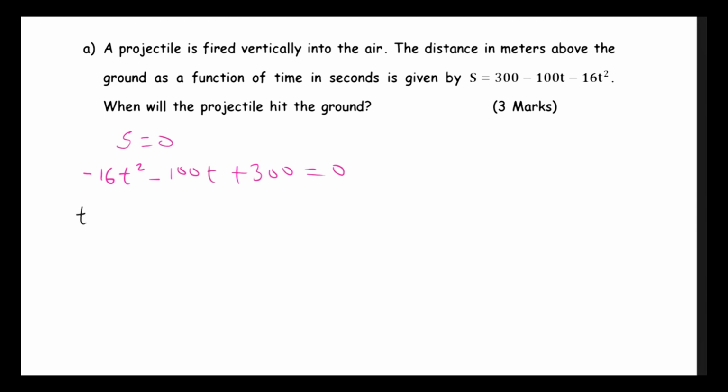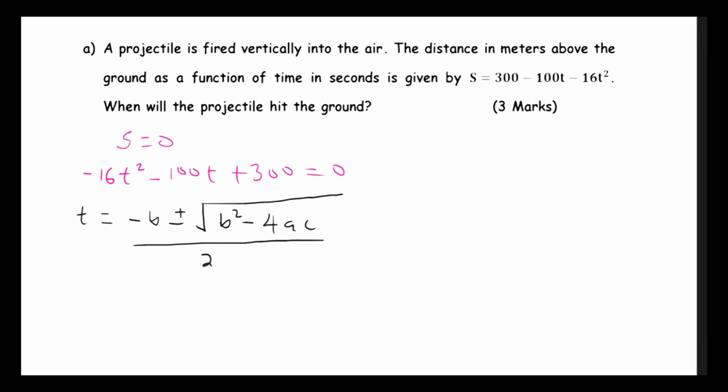So we're going to say that t is going to be minus b plus or minus the square root of b squared minus 4ac, all over 2a. So let us apply this formula.